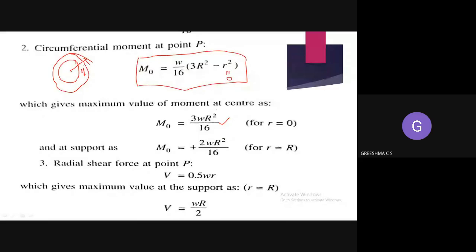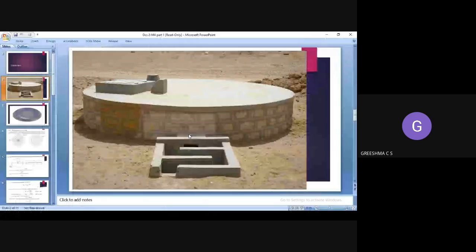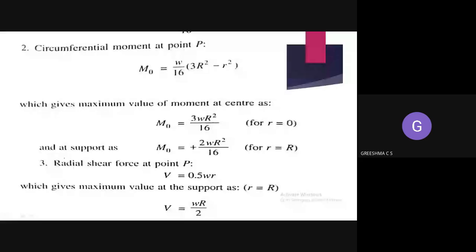Here at the edges, the small r is equal to large R. You can see from this figure, here you are having a circumferential moment, and here the radius is R. So in this equation we can substitute small r is equal to large R to find the circumferential moment at the supports.